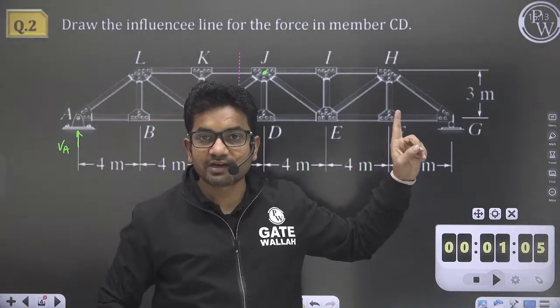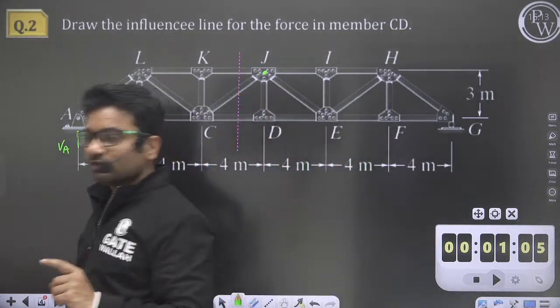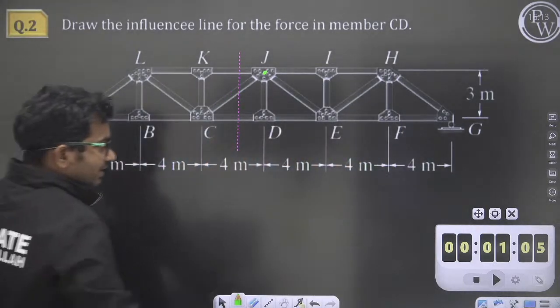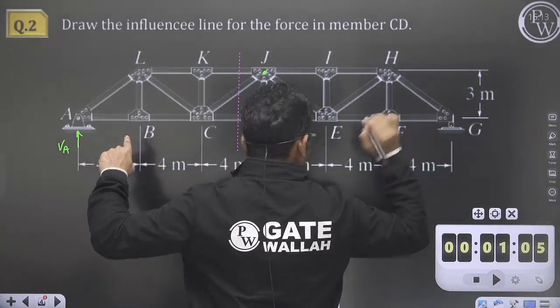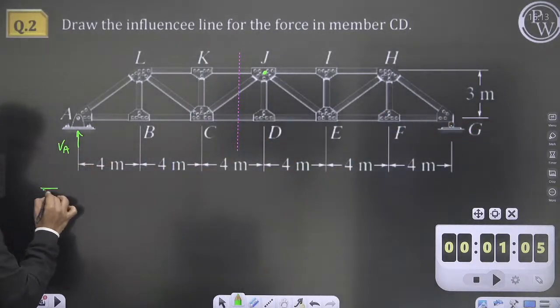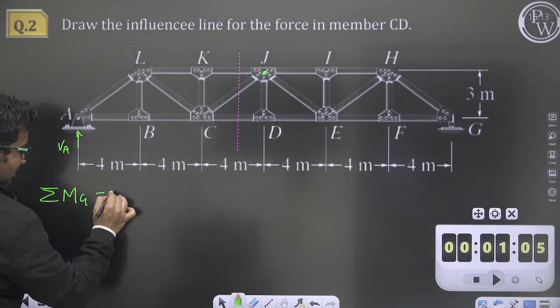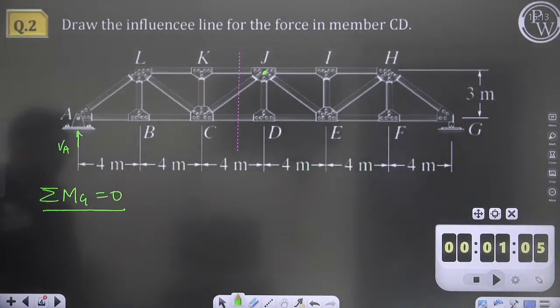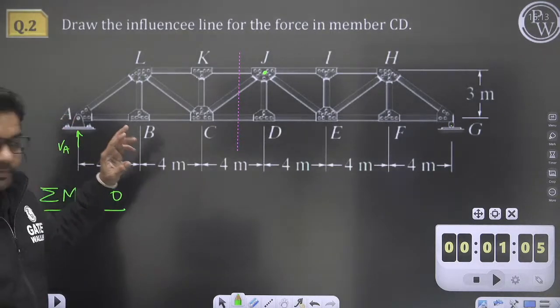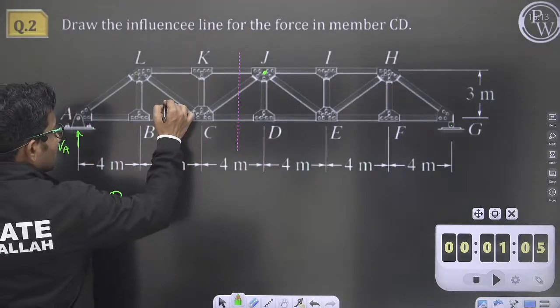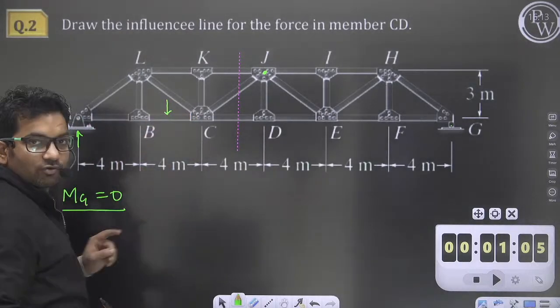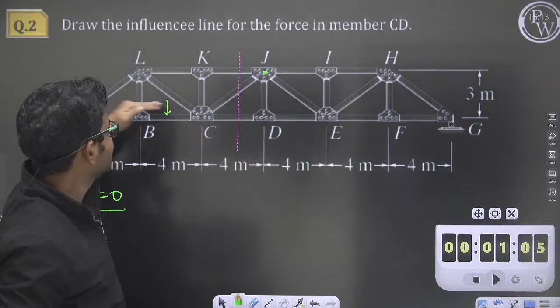First of all, we will try to calculate VA. How to calculate VA? Summation of moment about G equal to 0. When I want to draw the influence line diagram, there is a unit load moving.